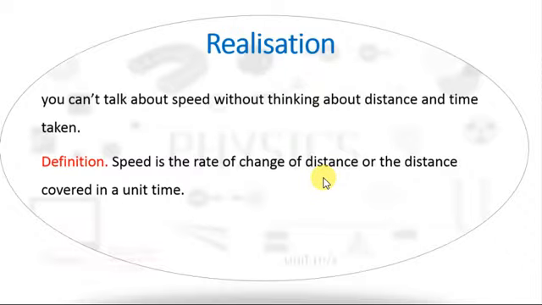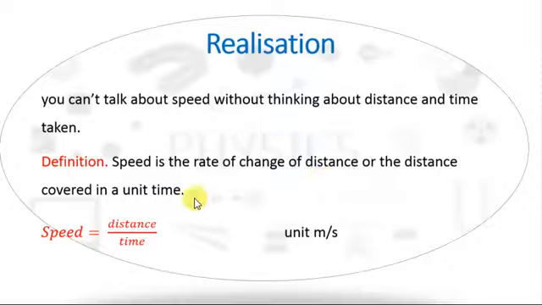That brings us to an equation, which is that for us to know speed, we need to get distance and divide it by time. That's why it is a rate, meaning we are dividing distance by time to get our speed. For example, if you say you have used 1 hour to move 60 kilometers, it means you are covering 1 kilometer every minute, because in 1 hour there are 60 minutes.